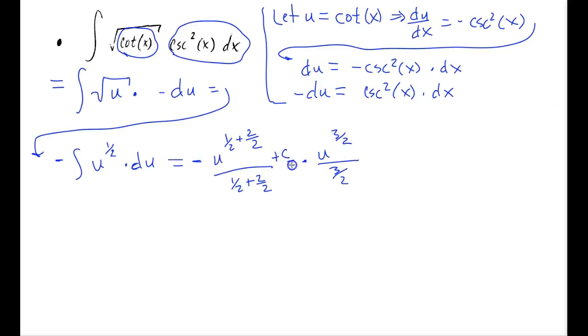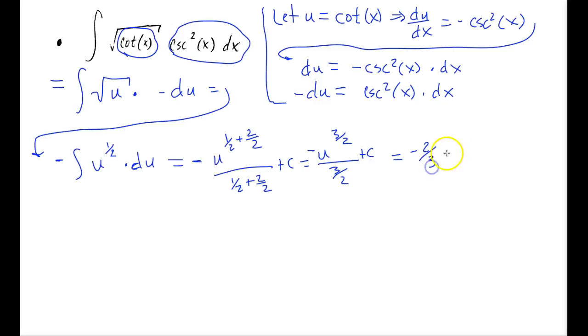I keep on forgetting that. So I apologize. Let's make this look a little neater. Just gotta have the plus c on the end. And of course, we're not losing the negative there. Plus c. And now we know that the reciprocal of 3/2 is 2/3.